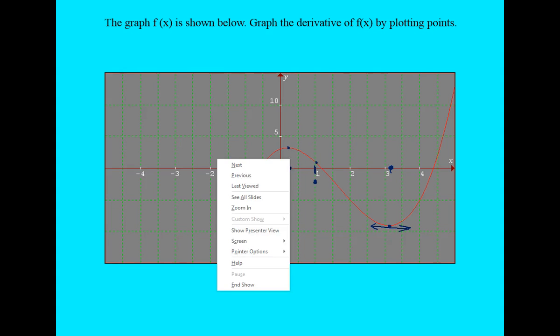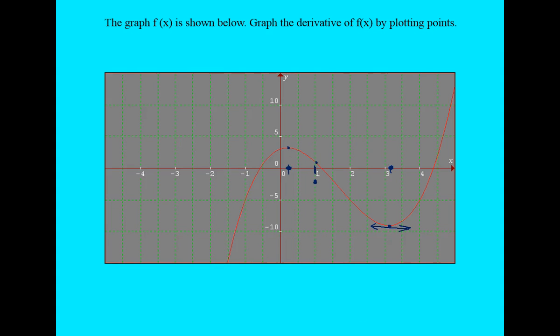Now, let's analyze a few more points. Let's look at x equals negative 1. What I do know about the slope of this tangent line is it is positive. So if I were to plot a point on the derivative graph at x equals negative 1, I would need to estimate the slope of this tangent line.